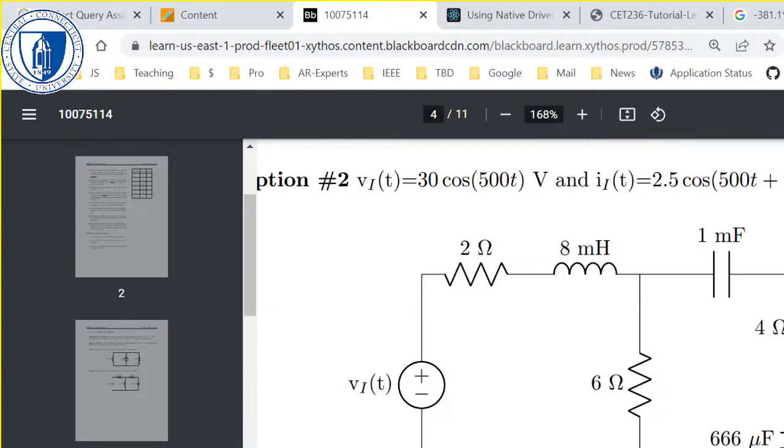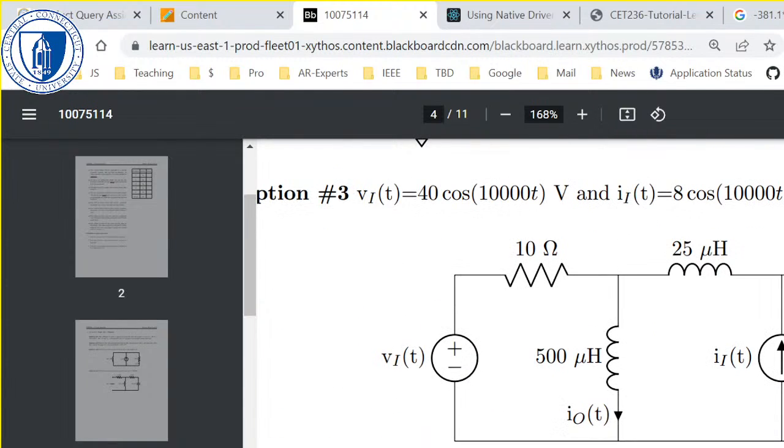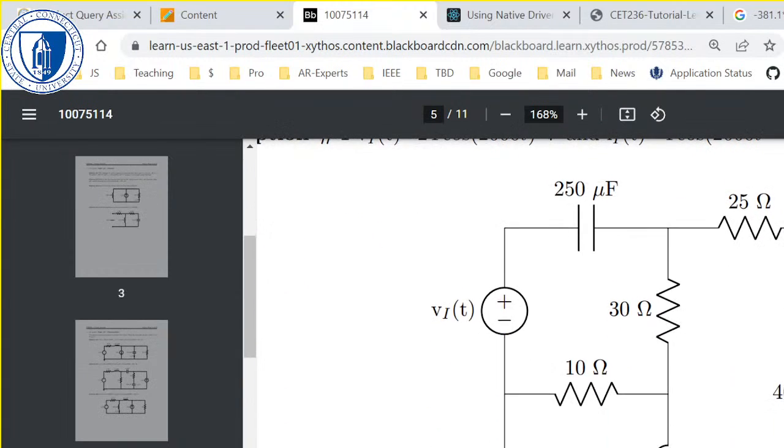Slightly different. Here's another one. Again, slightly different. There's a more complicated one again.